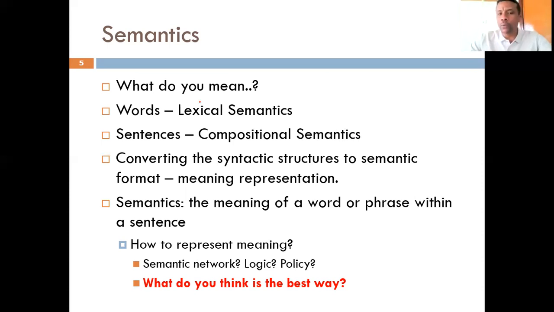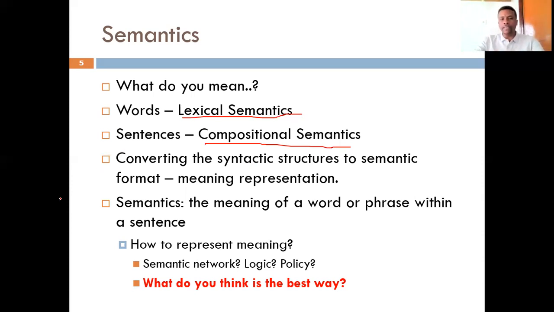So what we call semantics or meaning is, sometimes we worry about lexical semantics, which means the meaning associated to the word, or we are concerned about compositional semantics, which means whenever it is used in a phrase or in a sentence. So converting the syntactic structure, or the order-based presentation of the words, to a semantic format to represent meaning is very important in semantics.